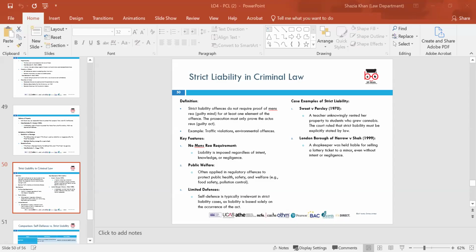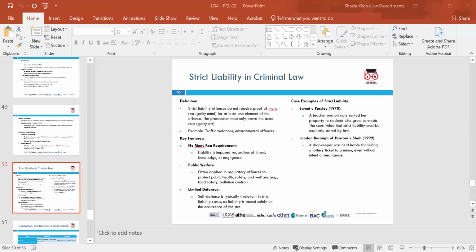And in regards to that, the most strict liability offences are minor offences. The criminal law covers a wide range of crimes from murder at one end to parking tickets at the other. At the lower end, such offences are often regarded by the general public as not really criminal.